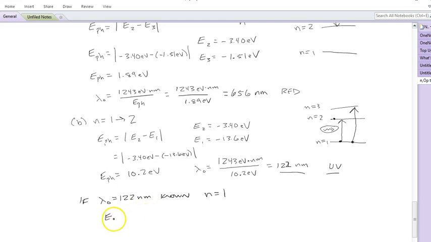What you would do is you would figure out the photon energy first using the same formula. So you would put in the wavelength though, and you would find out that this is 10.2 eV.